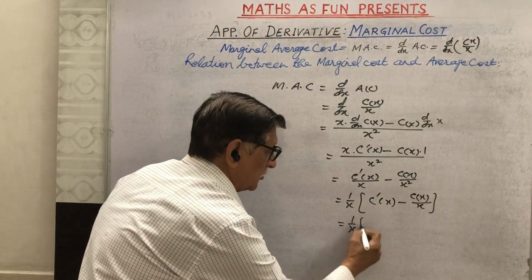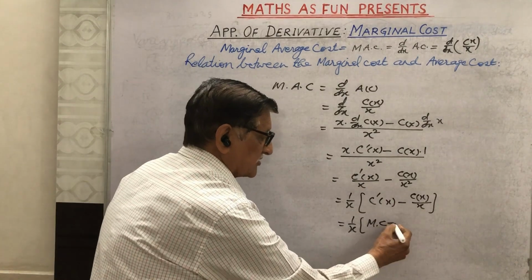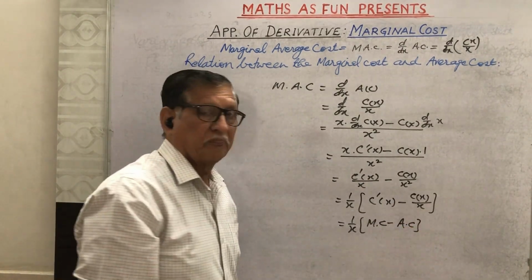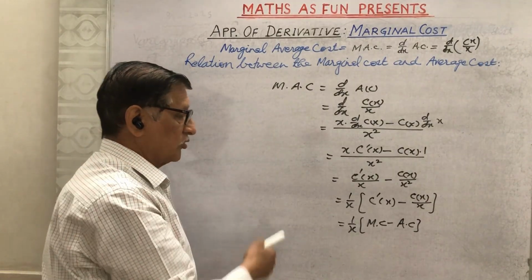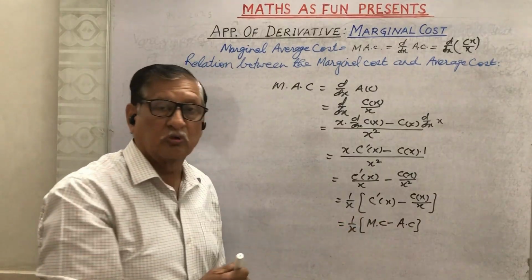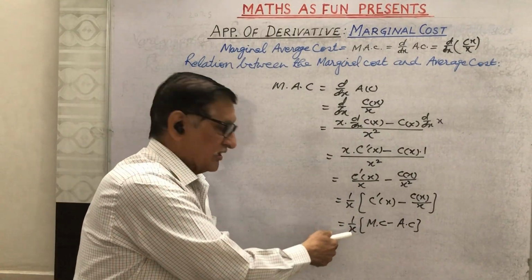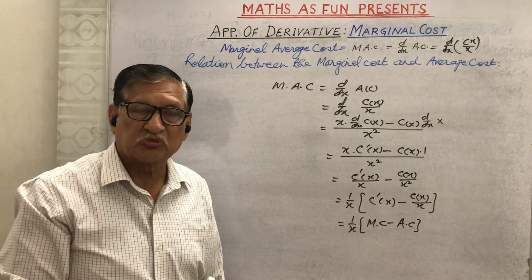And C(x)/x is the average cost. It means we find a relation between the marginal average cost, the marginal cost and the average cost: the marginal average cost is equal to 1/x into the marginal cost minus the average cost.